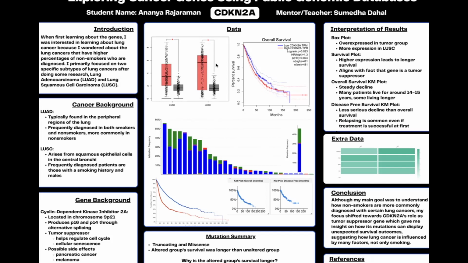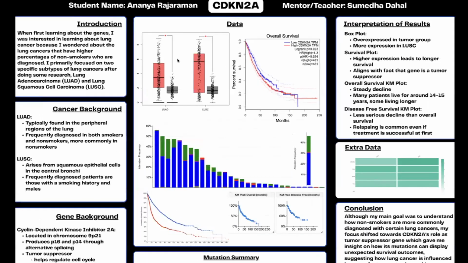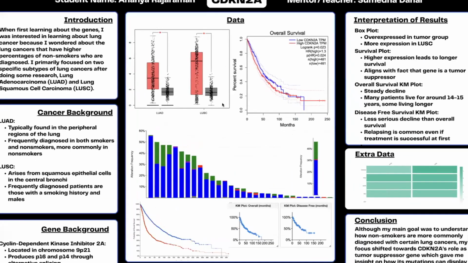So going into my data, this is the box plot that I had for the two cancers. As you can see, there's a really high expression of this gene in the lung squamous cell carcinoma versus the group of patients that didn't have this disease. There's also an overexpression of the gene in the lung adenocarcinoma.